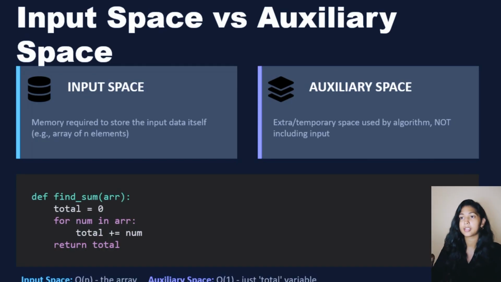Auxiliary space equals O(1), just a few variables. When we say space complexity, we typically mean total space, equal to input plus auxiliary space. However, many algorithm problems ask specifically for auxiliary space, meaning extra space beyond the input.